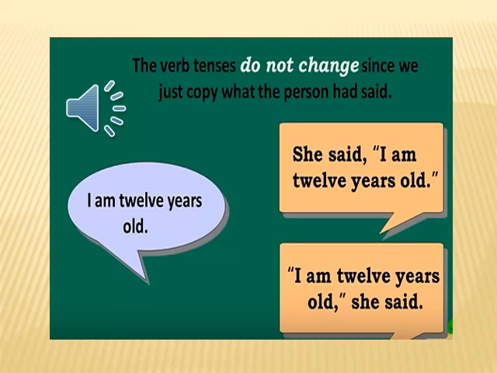Okay. Now look at another important thing about direct speech. Another important factor about direct speech is that we do not change its tense. This means that if the speaker is talking in the present tense, the direct speech is written in the present tense. And if the speaker is talking in the past tense, then the words are written in the past tense.